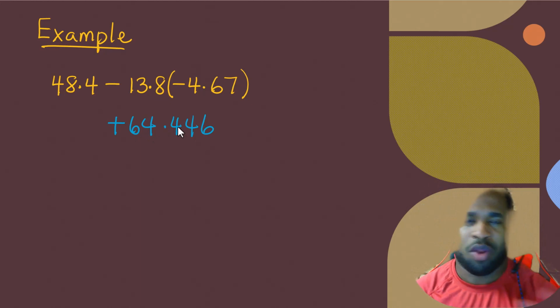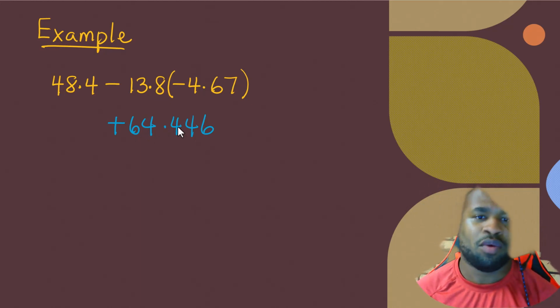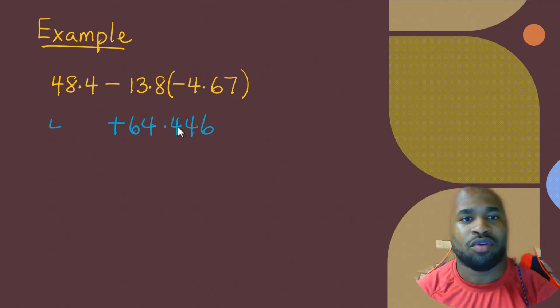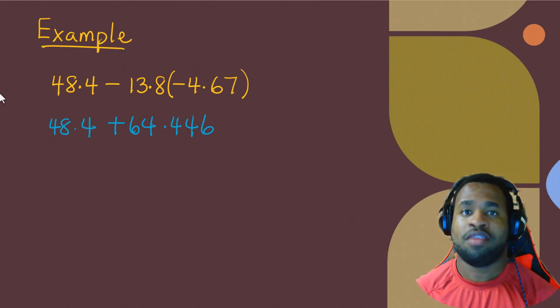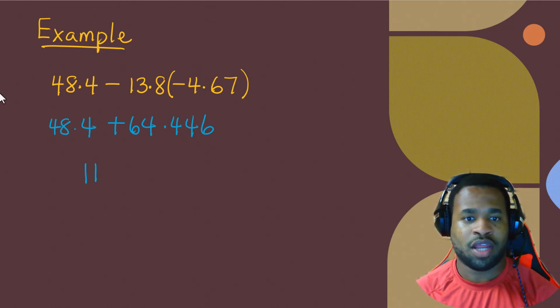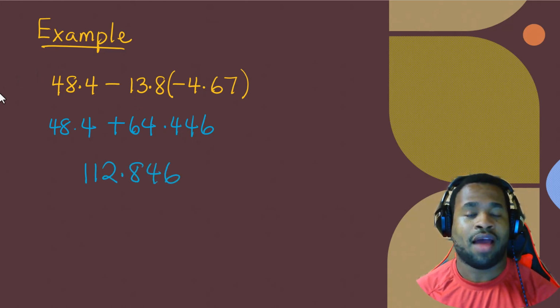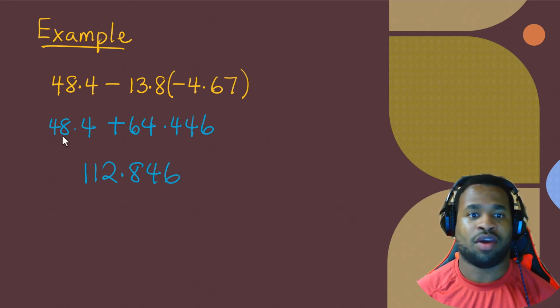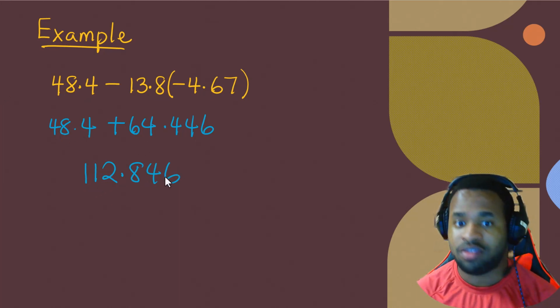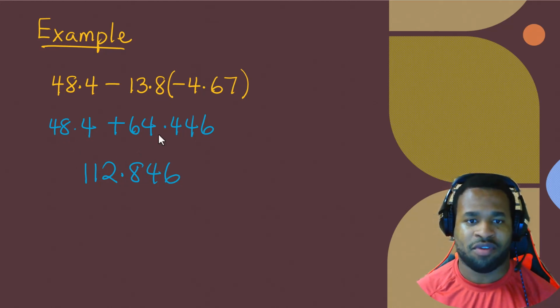But here we're not going to do that. We're going to keep this and we're going to apply it by adding it to 48.4. And what does that give us? This gives us 112.846, and this is the actual number, keeping all the digits after you perform the addition.